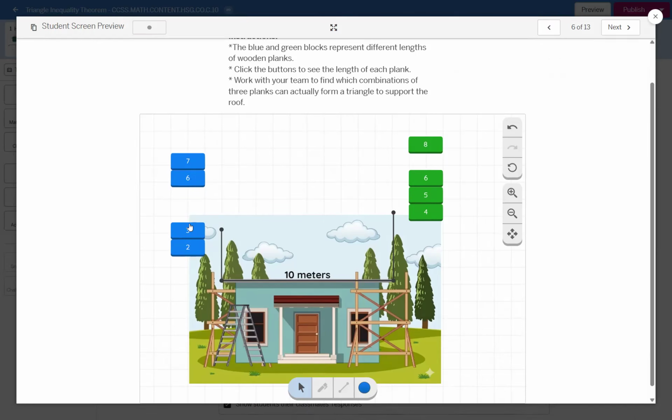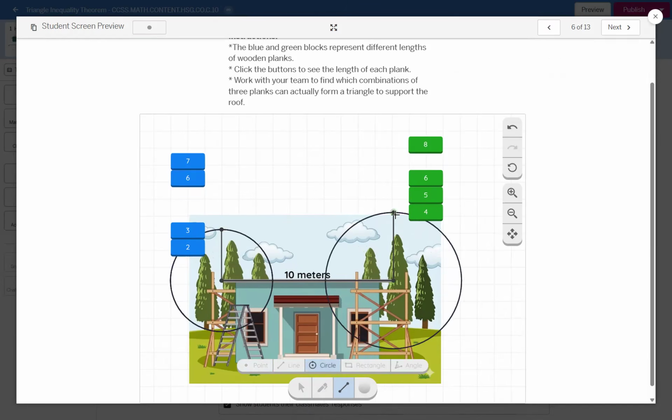So let's start with, let's say, 3. Then we have 4 on the other side. Using the construction tool, the circle one, we can create a circle here to see the movement of your line. Then I'm going to choose the ruler.